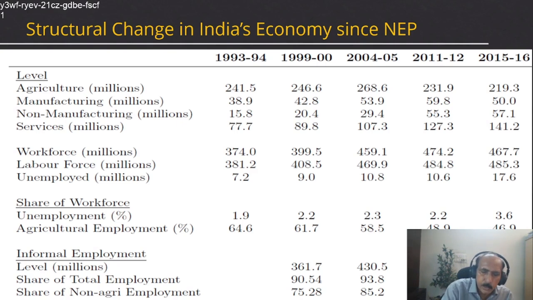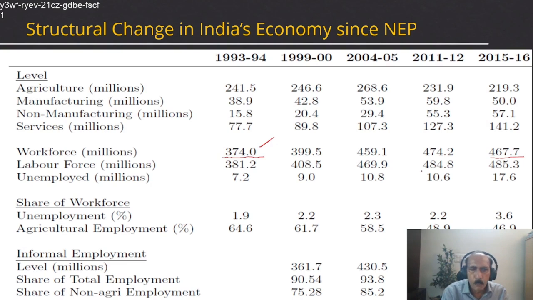You see that in this table, the total workforce in India has been rising. In 1993-94, there were 374 million people as workforce, which consistently increased till 11-12. And after 11-12, the workforce has declined marginally, of course marginally, but it has declined.